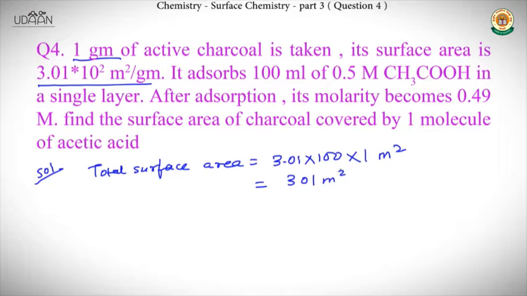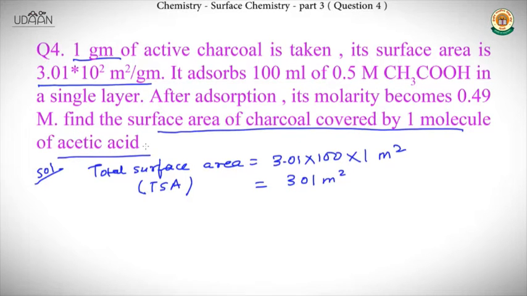Right. Now, you know the total area, right? Let's say this is TSA, total surface area. What do you need to find out? The area covered by one molecule, and you know that a monomolecular layer is formed. So we just need to find out the number of acetic acid molecules, right?